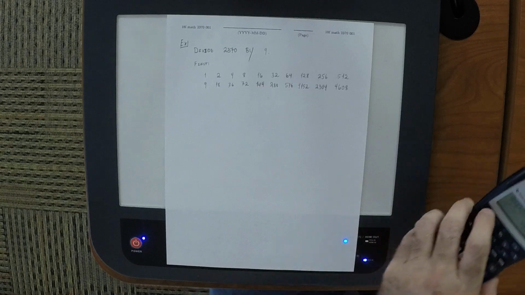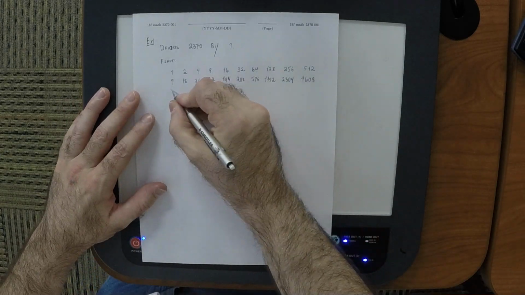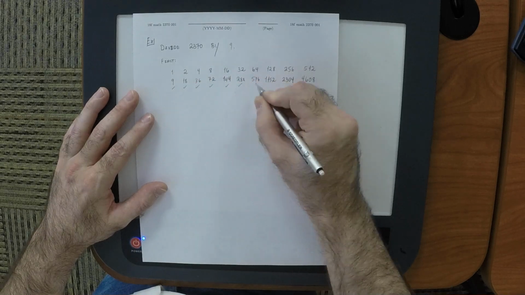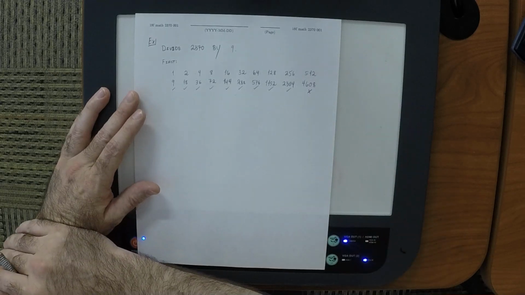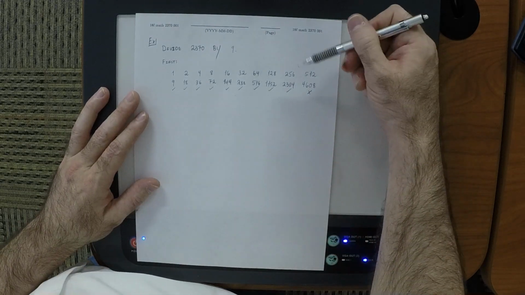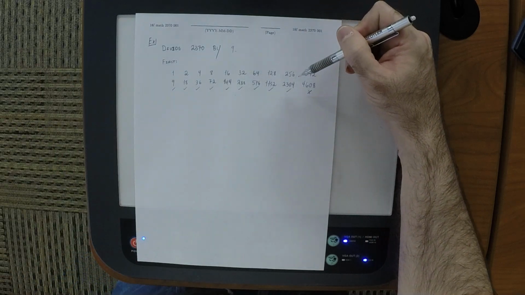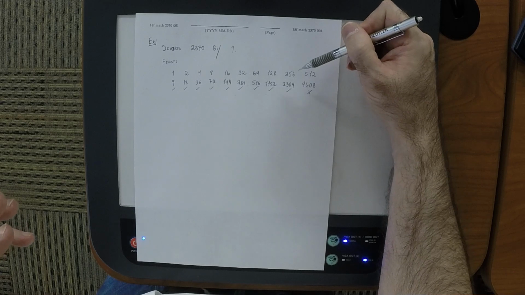So you can see we finally went too far. So then could we do this? Yes, yes, yes, yes, yes, yes, yes, yes, yes, no. So that's saying that because we're dividing by 9, we were able to take 256 nines. That's how many of them we were able to take.